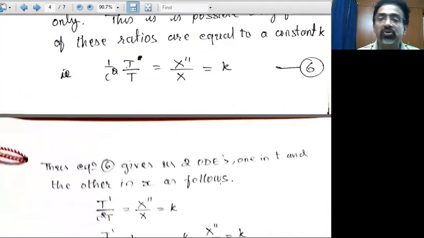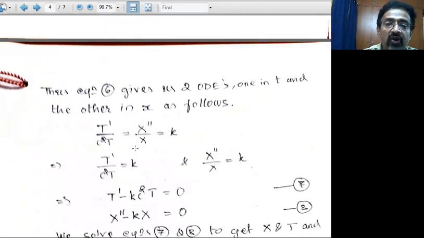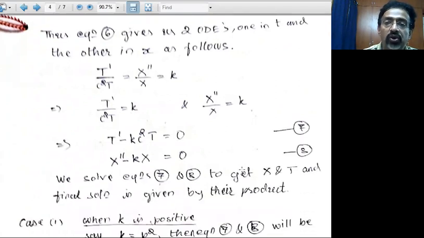This gives me two equations. I equate the left hand side to k and the right hand side to k. So T dash by c squared T is equal to k and X double dash by X is equal to k.